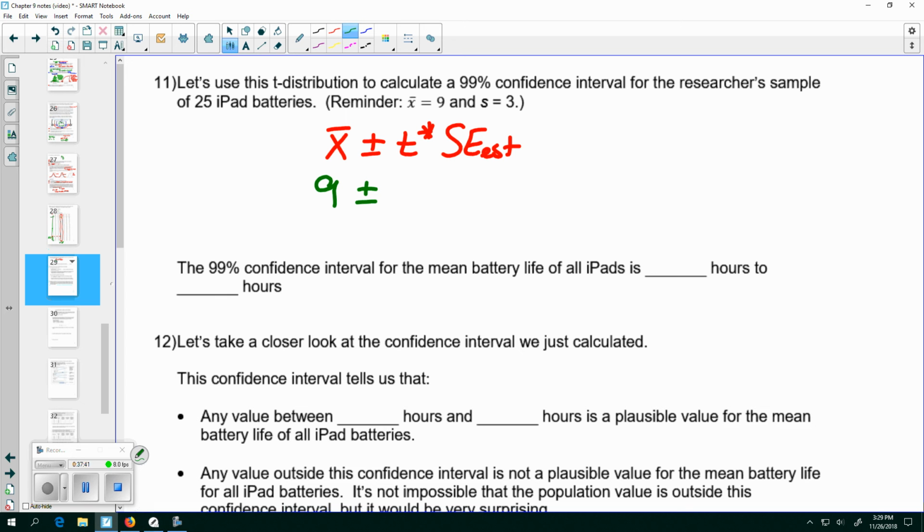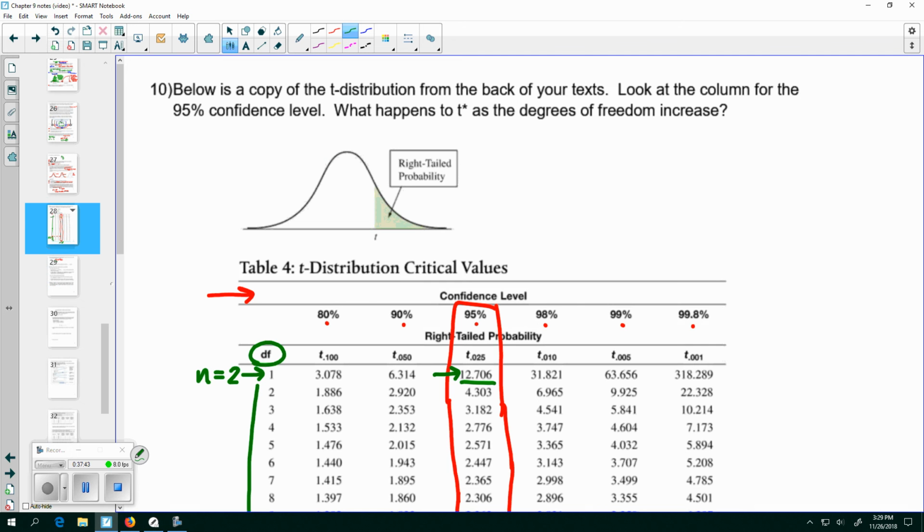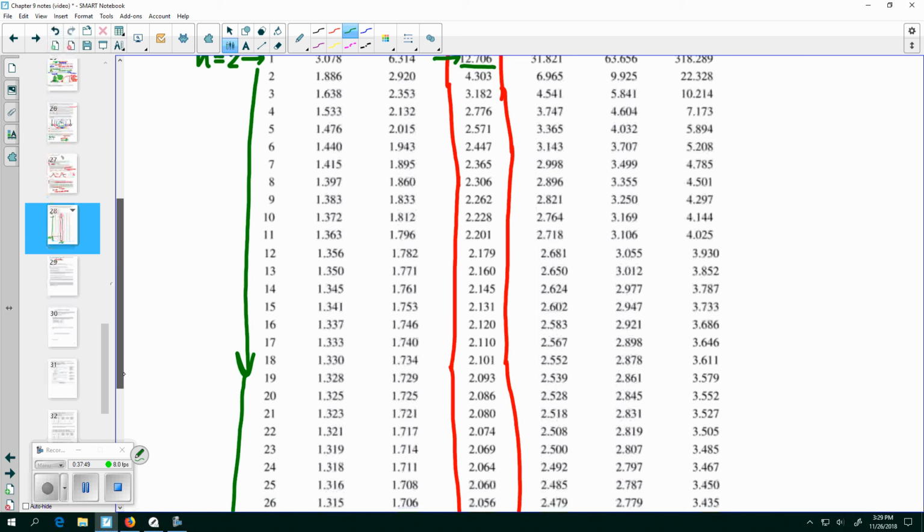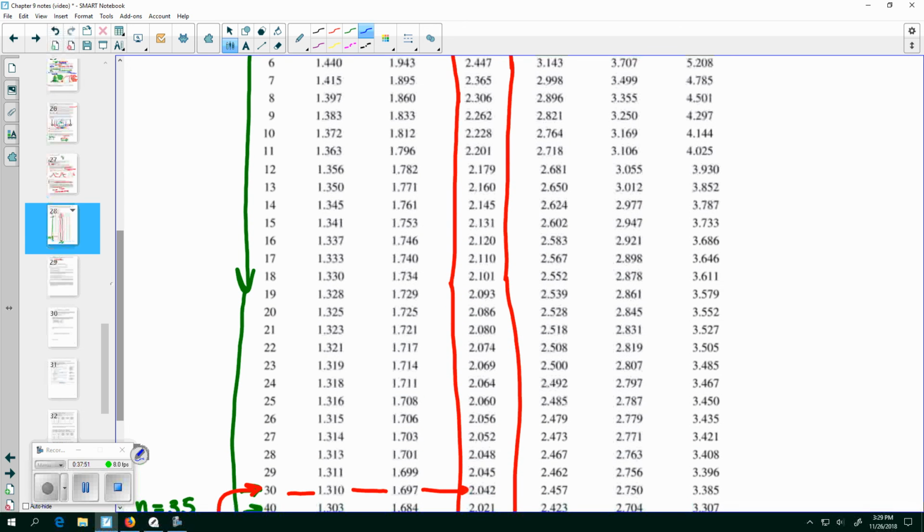We're going to go back to the table on the previous page. We have a degrees of freedom of 24, so we want to use the row for degrees of freedom of 24. And we are doing a 99% confidence level, which is the second to last column in the table. So our critical value is going to be 2.797.